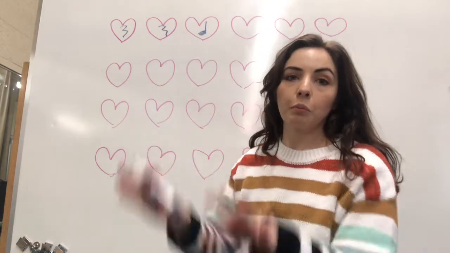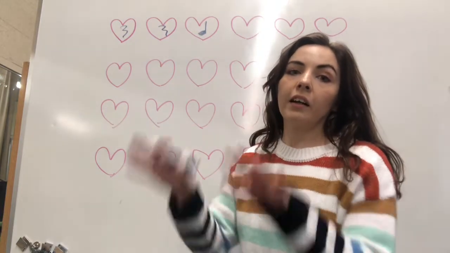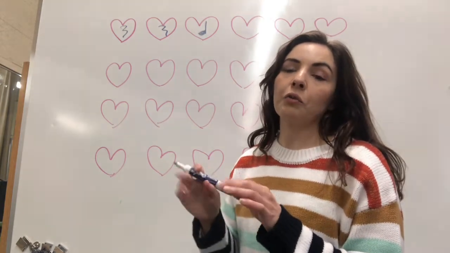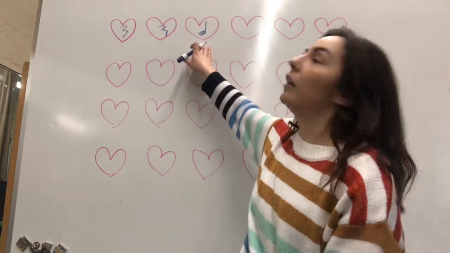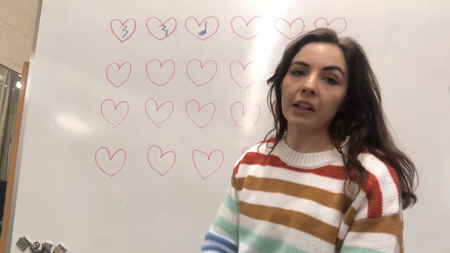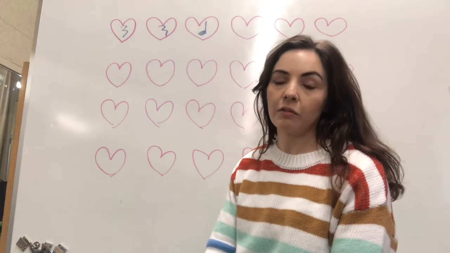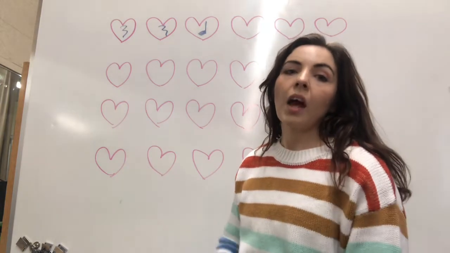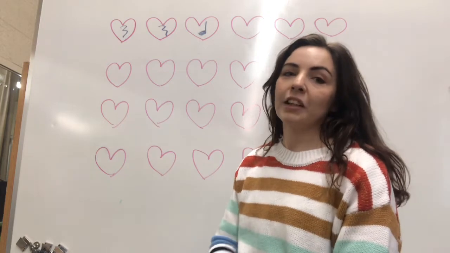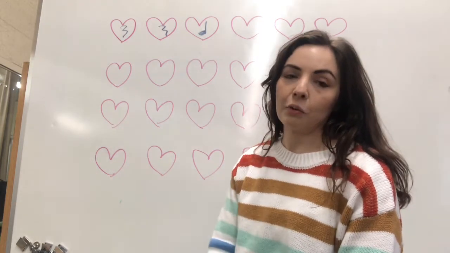So we have beat, beat, amazing. So for the next note, this is may. How many heartbeats does that next note have? May. If you said it has 2, you are right.